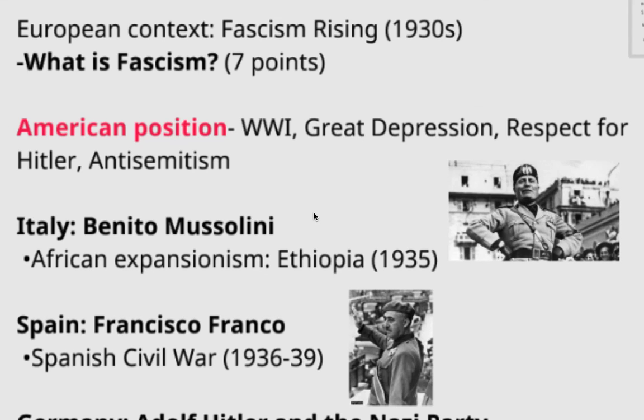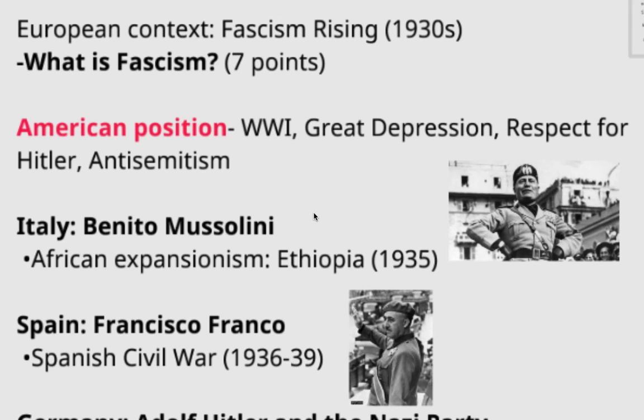Okay. Number 4. Another reason why the United States does not want to get involved in the coming war is plain and simple anti-Semitism. Anti-Semitism, if you don't know what this is, is hate, disdain, and prejudice for people that are Jewish.